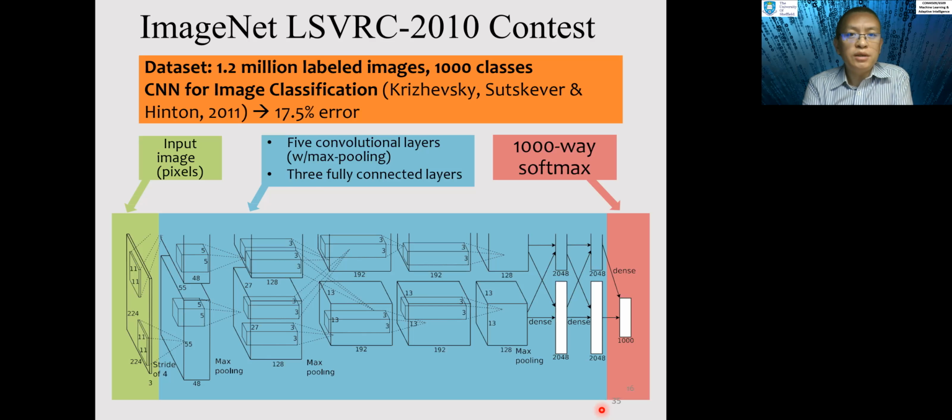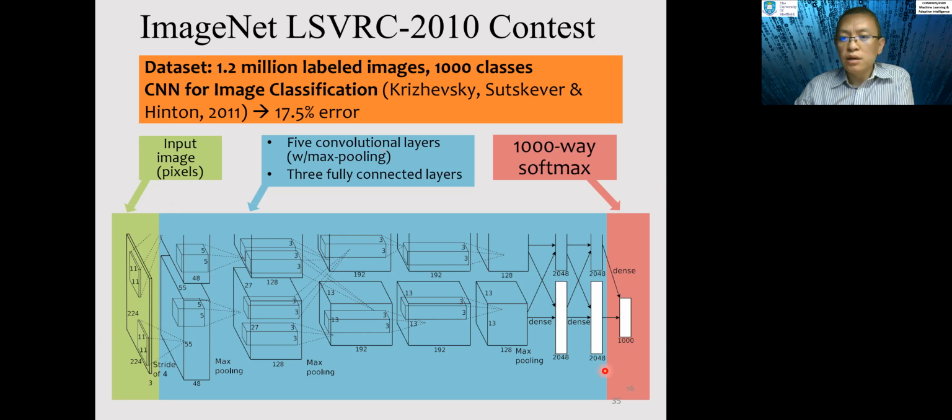And that competition has 1.2 million images, and the task is to classify the images into 1,000 classes. Let us look at AlexNet in 3 parts. The first part is the inputs, just the input image, which are the pixels.